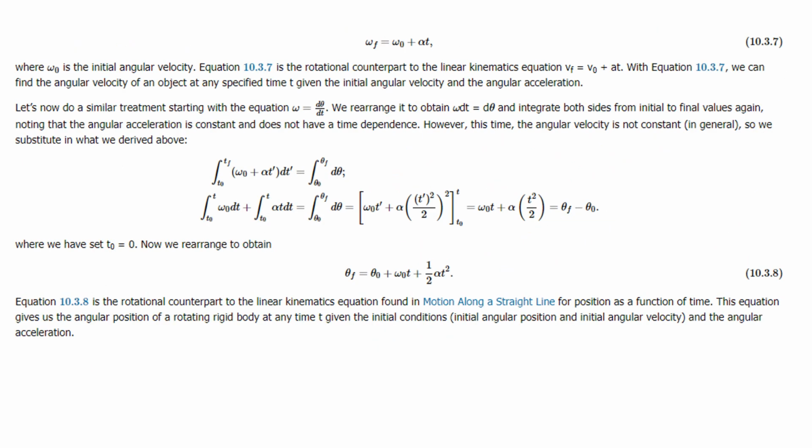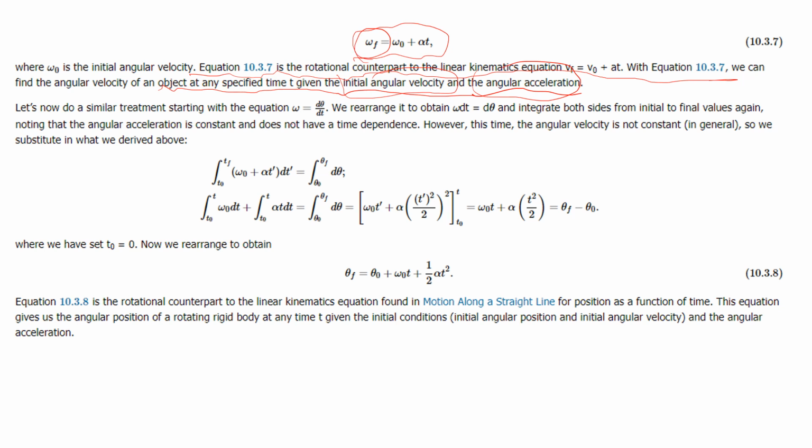So we can write omega f is equal to omega naught plus alpha t, where omega naught is the initial angular velocity. Equation 10.37 is the rotational counterpart to the linear kinematics equation. With this equation, we can find the angular velocity of an object at any specified time given the initial velocity and angular acceleration. You need two things, initial angular velocity and angular acceleration, in order to find the final velocity.